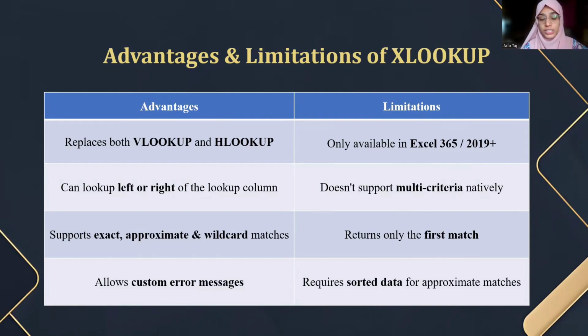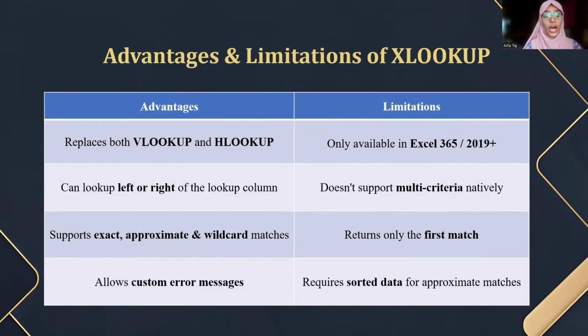Talking about the limitations, the XLOOKUP function is available only in Excel 365 and 2019 plus, and it doesn't support multiple criteria natively. But using the nested XLOOKUP function, we can handle multiple conditions as well. Next, it returns only the first match.